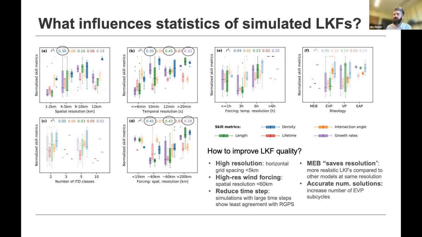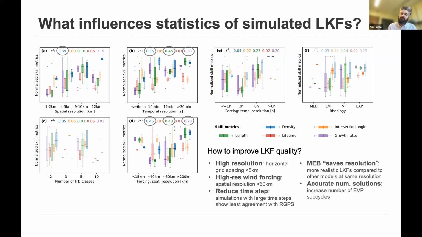And we could also show that the spatial resolution of the atmospheric forcing fields that we are using significantly improves the simulations. So those, in addition to the ice strength that I showed before, and also the accurate numerical solutions, are all things that you can use to improve your simulated LKF fields.